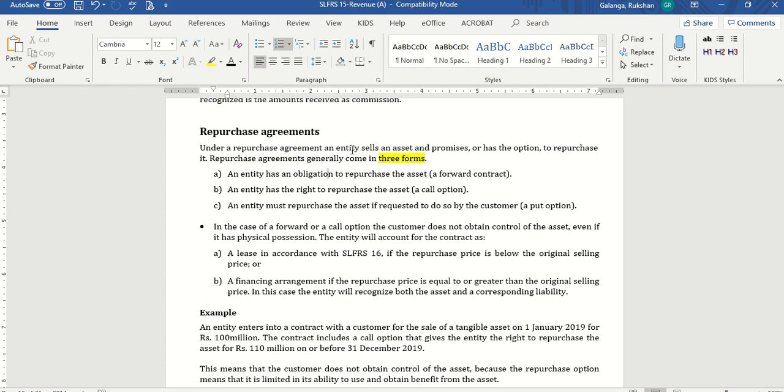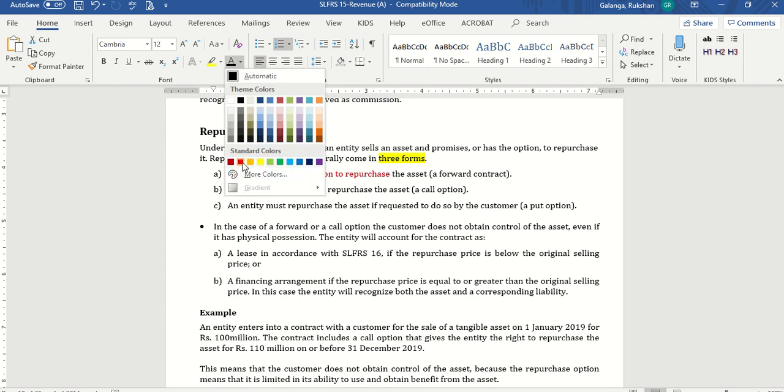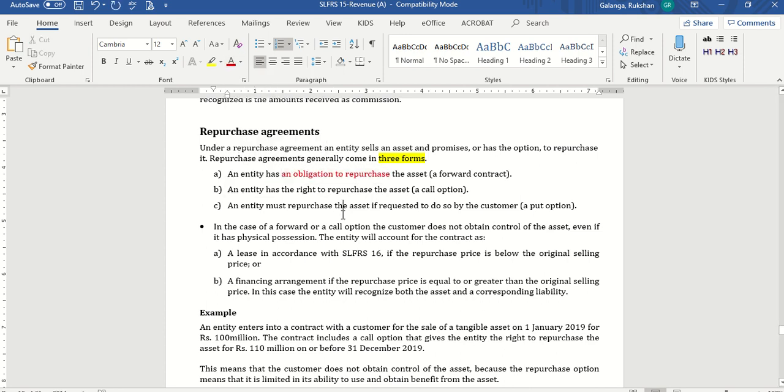First one, an entity has an obligation to repurchase the asset. Remember, here what it has is an obligation. That means the entity is selling the asset and they have an obligation, that means they have promised to repurchase.